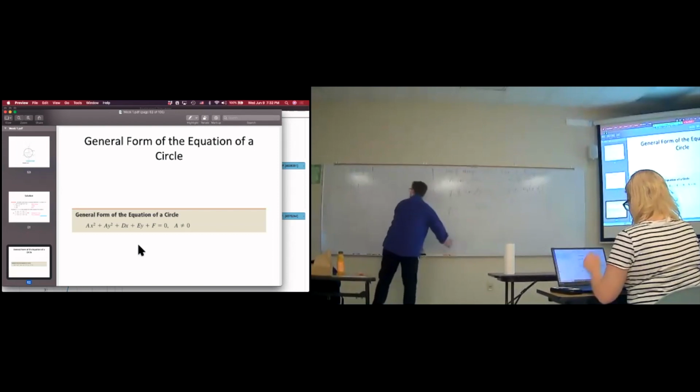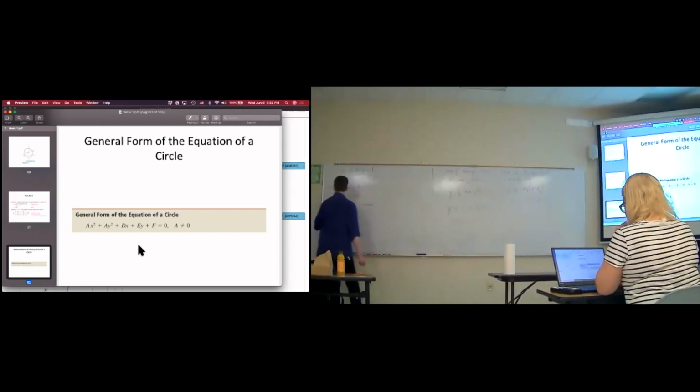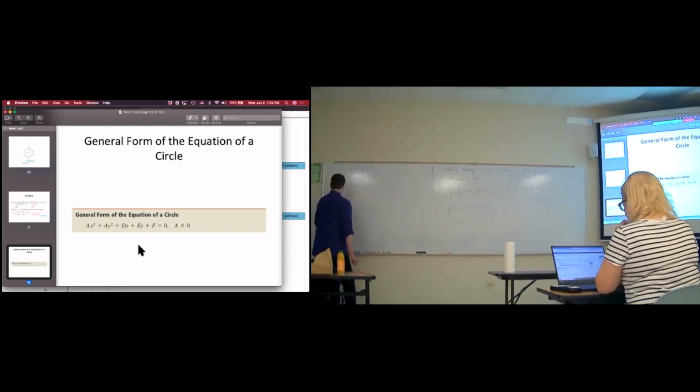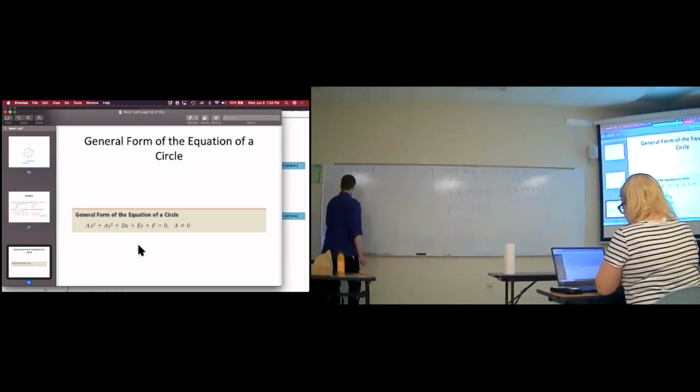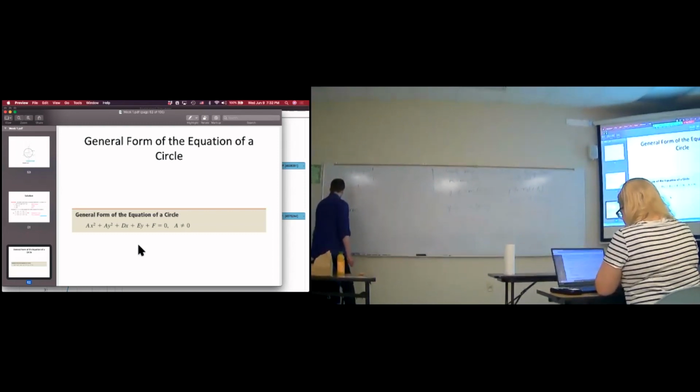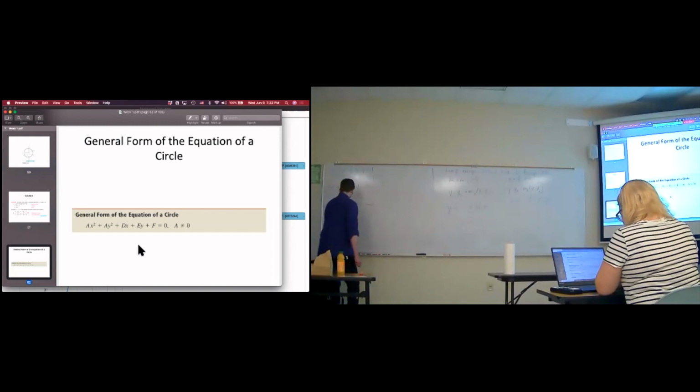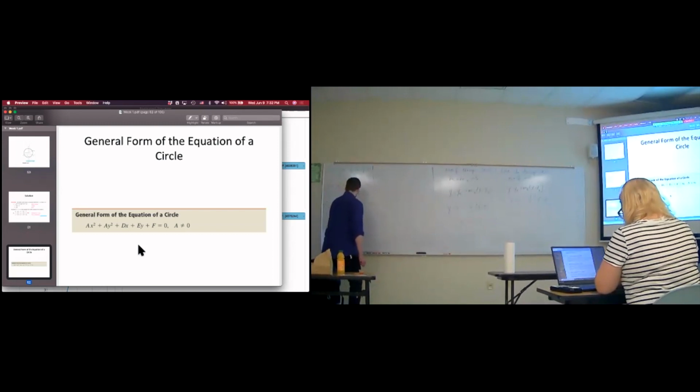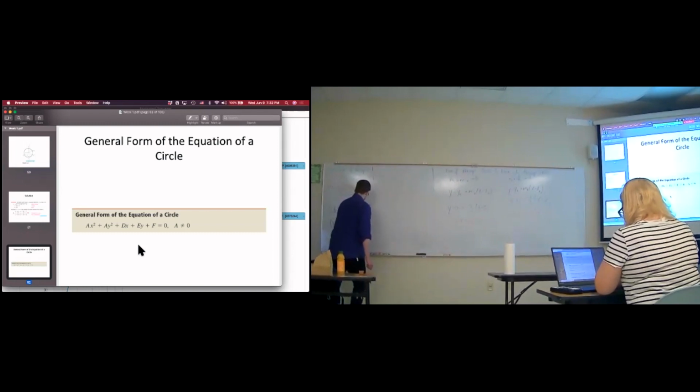So the standard form is the form x minus h quantity squared plus y minus k quantity squared is equal to r squared, right?